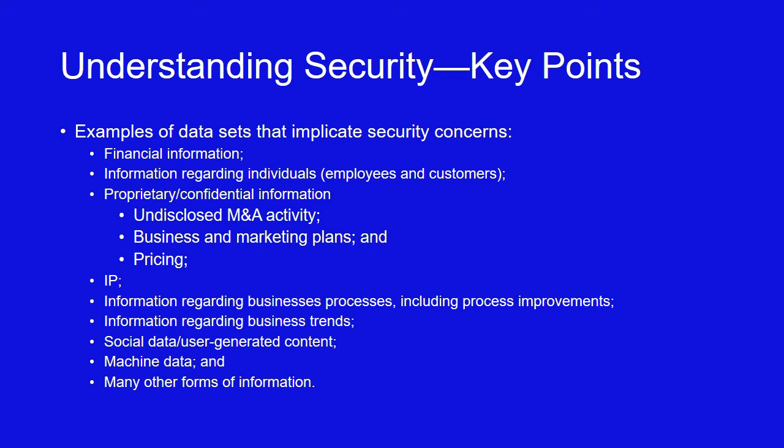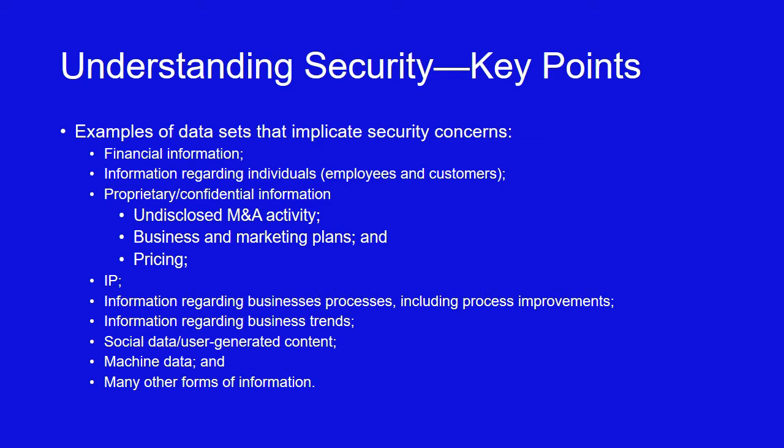Examples of common data sets that implicate security are financial information. Obviously, in the second bullet point, we're talking about information that implicates privacy as well, which is information regarding individuals. But we also see proprietary and confidential information that a business or entity holds, including undisclosed M&A activity, marketing plans, and pricing.